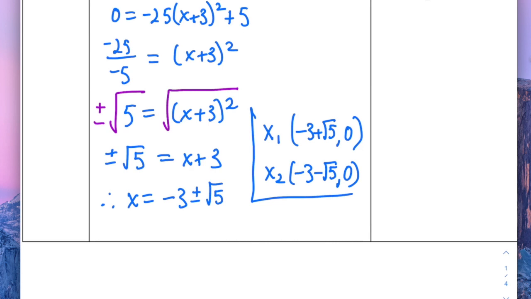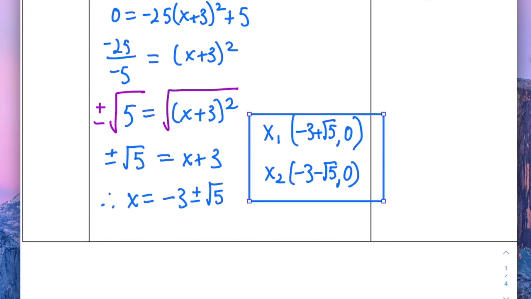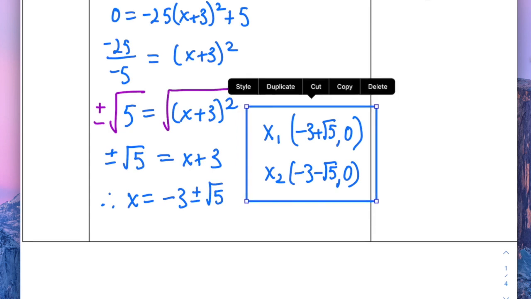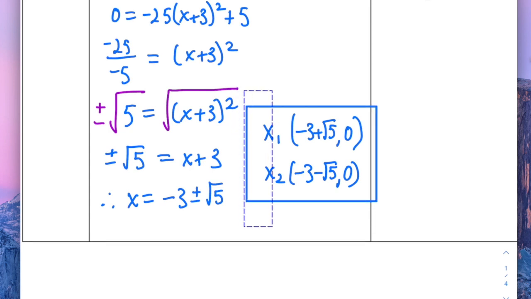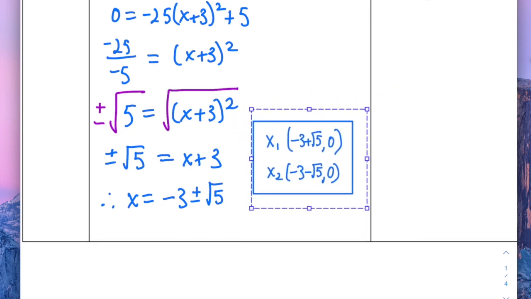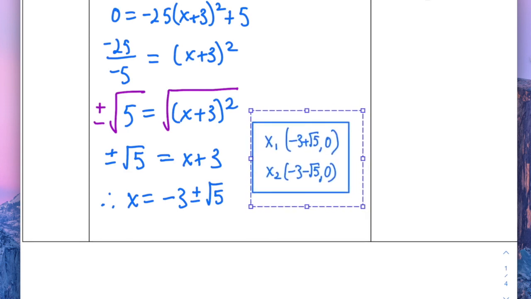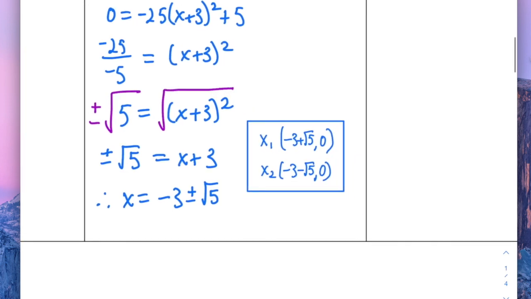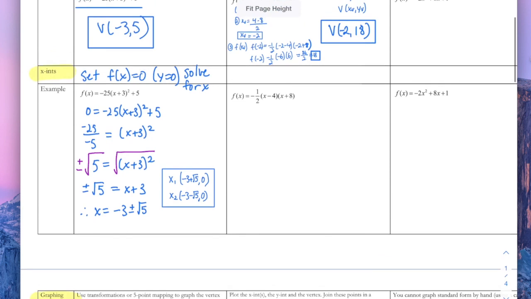All right, so using basically reverse BEDMAS, we figured out our two x-intercepts for this example. And I always prefer, guys, that you write it in the form of coordinates.